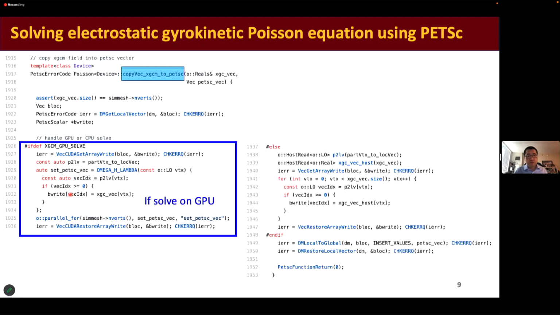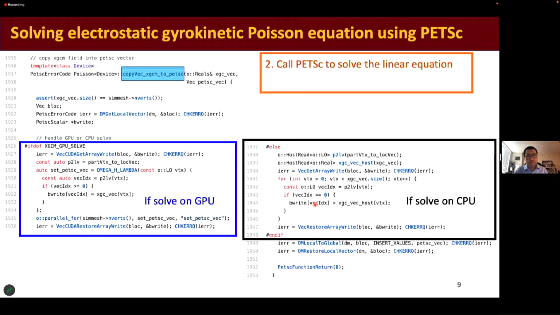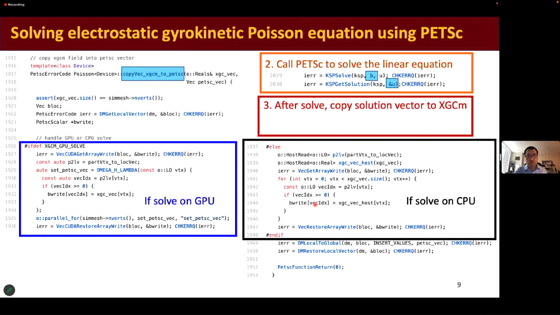If you are solving on CPU, you do the similar thing: you use a for loop to copy the XGC mesh field to the PETSc vector, and then call PETSc to solve the linear equation, KSP solve. After you solve, you get the solution. This is normal, as everyone knows. After the solution, we copy the solution vector to XGCm.